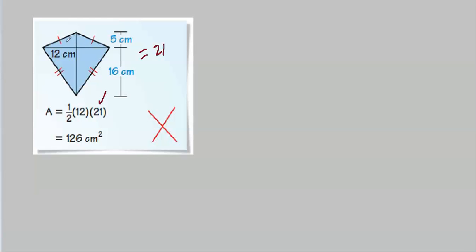But what about this part here? It says 12 centimeters. I believe that 12 is intended to refer to this left half of the diagonal and not the whole diagonal. The whole diagonal here, I'm pretty sure it would have to be 24. It's double this.